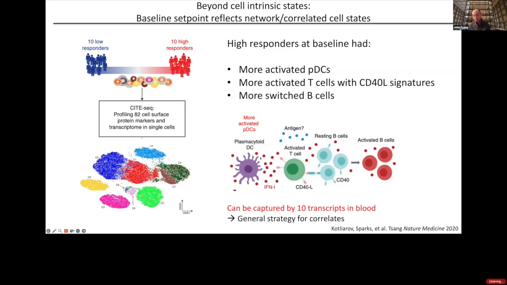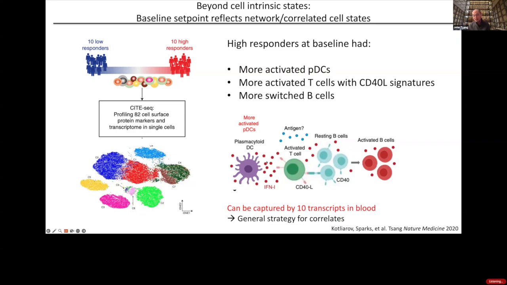And these cells presumably are making more interferons because, one, they're major interferon producers, and they're implicated in autoimmunity, for example in lupus also. And the whole blood in these high responders has an elevation of interferon signatures. There are also elevations in the frequency of activated B cells, together with a CD40 ligand response signature in the T cells.